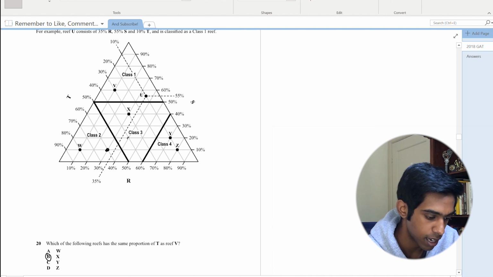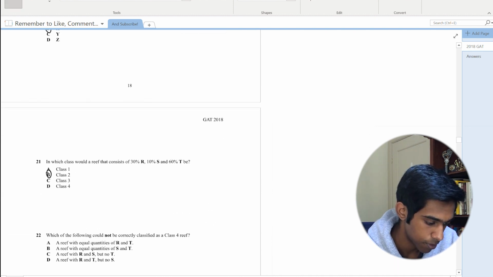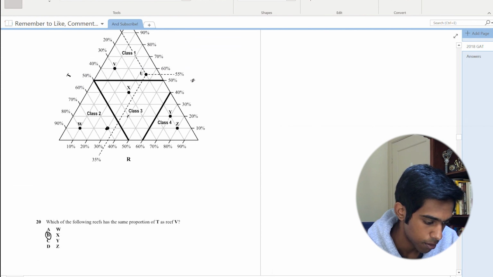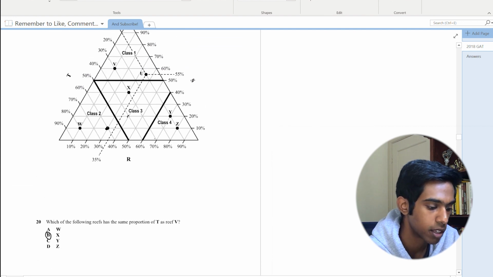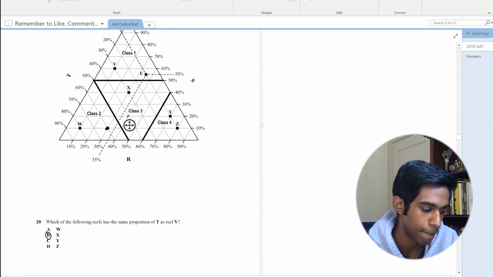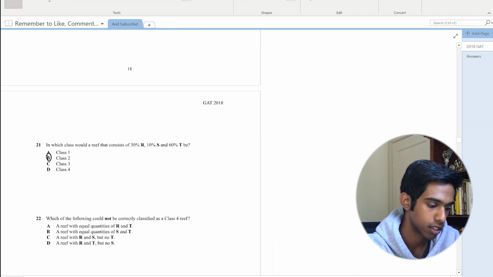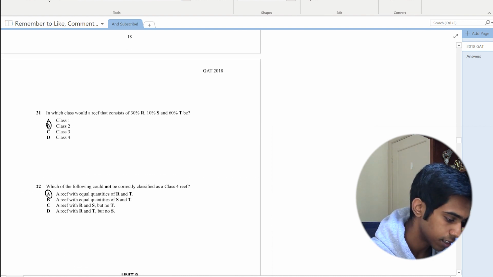I'm trying to think if there's anything that could come in 4. But I don't think there's anything, because if we tried to get a quantity of R like 70, we wouldn't be able to get an equal quantity of T. And if we tried getting 60% R, we couldn't get an equal quantity of T because 60% is here. So I think this is A.